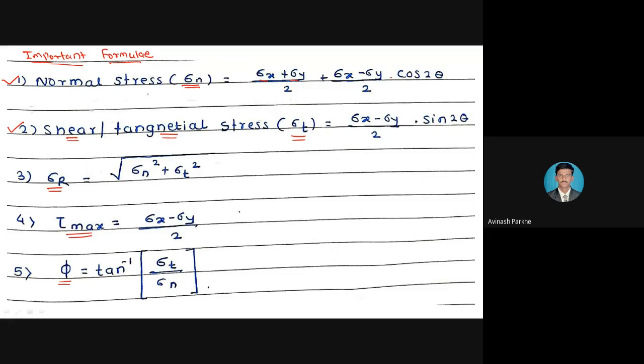But once again you have to check the sign conventions, whether the given theta is positive or negative. So take all these formulas in your notebook: sigma n, sigma t, sigma r, tau max, and phi. The latter three will be the same for all three cases. List down all the formulas in your notebook for your further calculations.